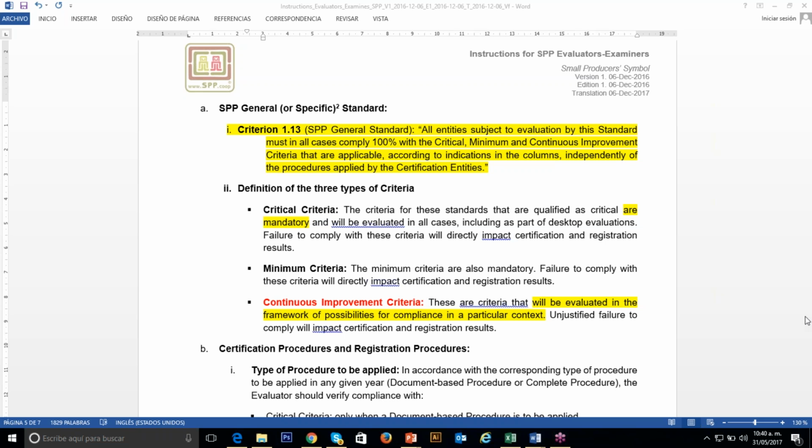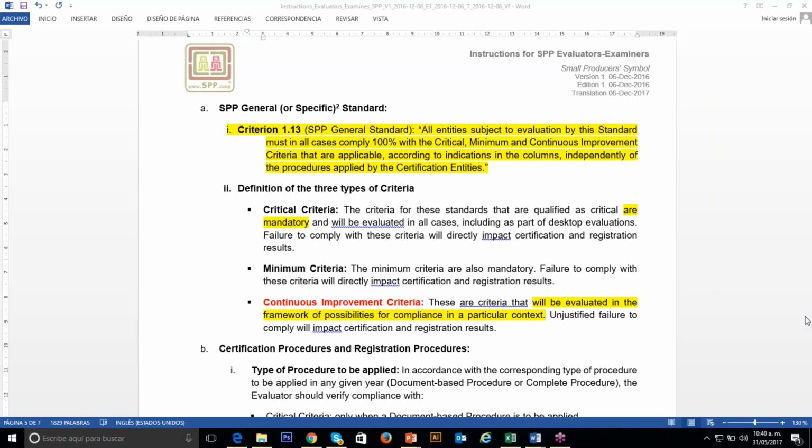Yes. When they are registered in the SPP system, they are evaluated similar or equal, the same as a small producer organization. They have to comply with all the requirements for final buyers because they are requested some commitments with the small producers organization.